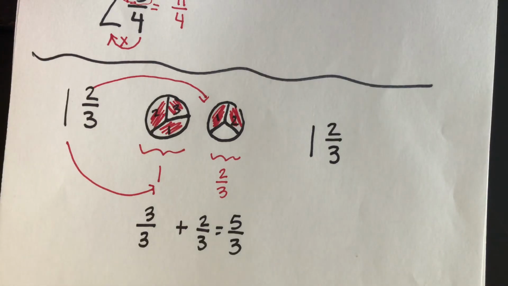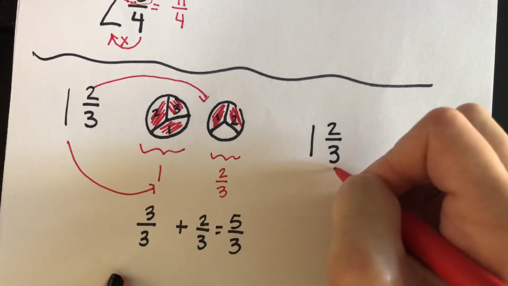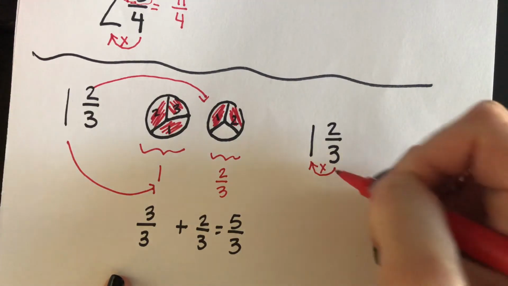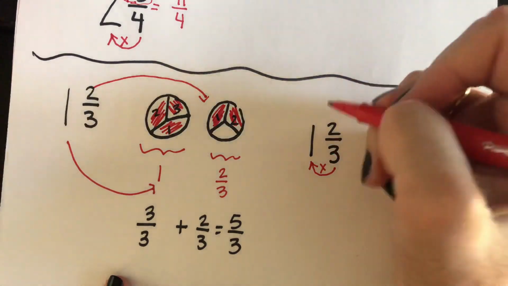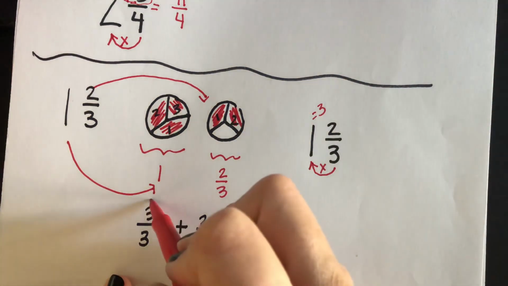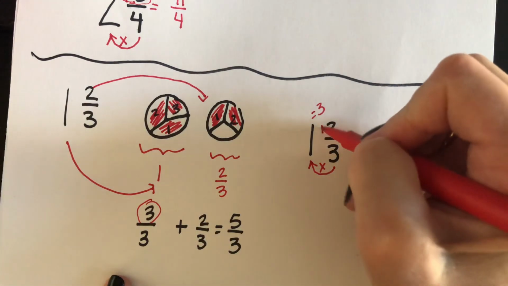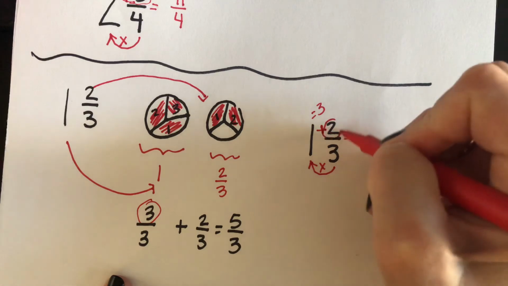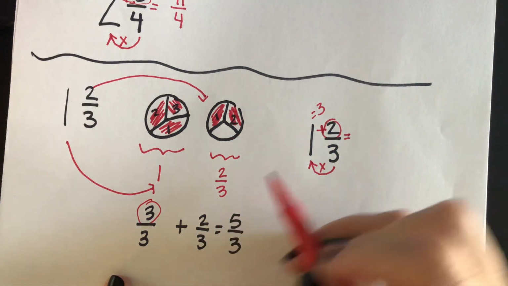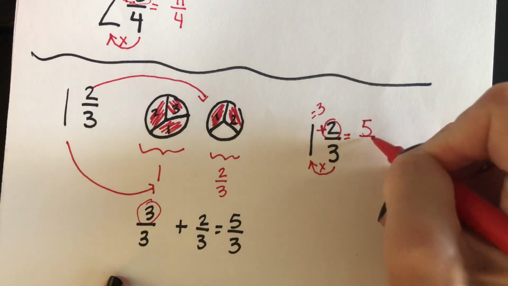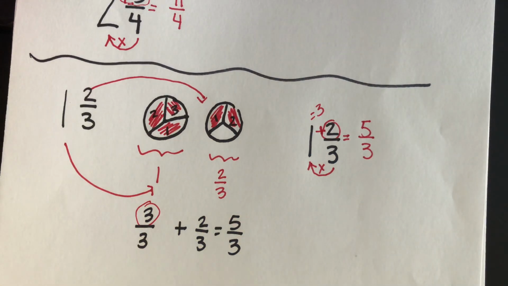We said multiply 3 times 1, which equals 3, that gave us that number right there, plus the 2, that's this number right here, our 2/3, gives us our 5/3. I hope that gives you a better understanding of how to change a mixed number into an improper fraction.